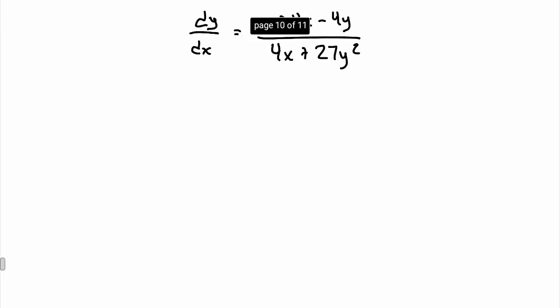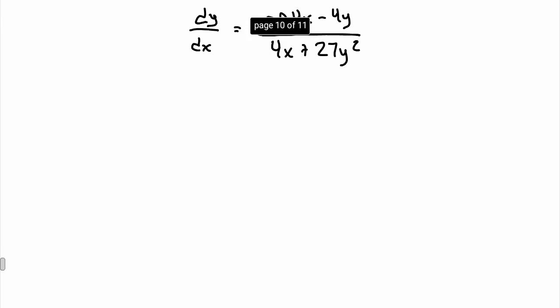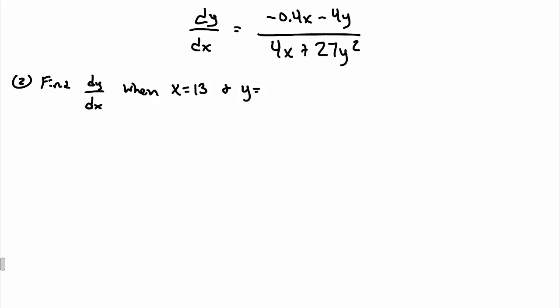For step 2, we want to find dy/dx when x is 13 and y is 27. All we have to do is just plug in 13 and 27 for x and y respectively.